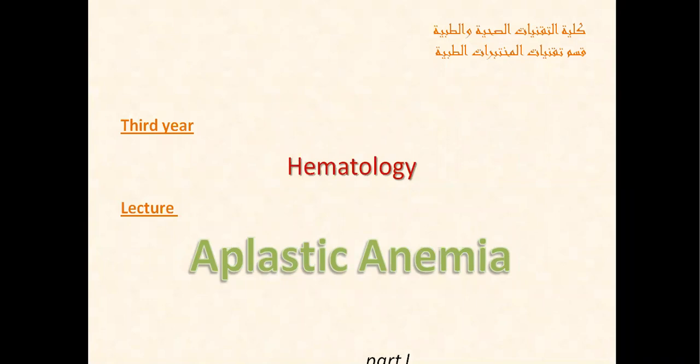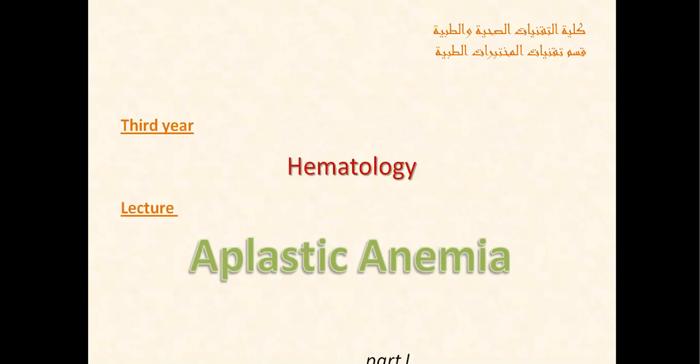Our lecture today is about aplastic anemia. Aplastic anemia is a bone marrow failure syndrome characterized by peripheral pancytopenia and marrow hypoplasia.